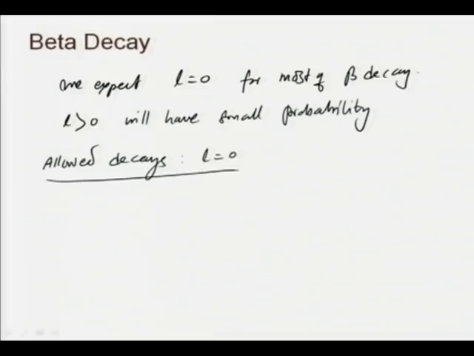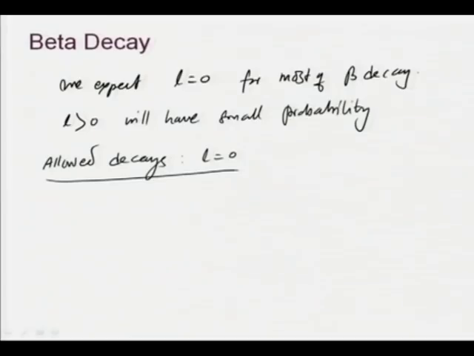It is not a no kind of a situation, but it says that it is very unlikely to happen. There is one situation where this L equal to 0, even if it is energetically possible, will not be possible from the point of view of angular momentum and parity considerations, and then the only possibility is to have the forbidden kind of a decay. We will come to that actually in a minute.